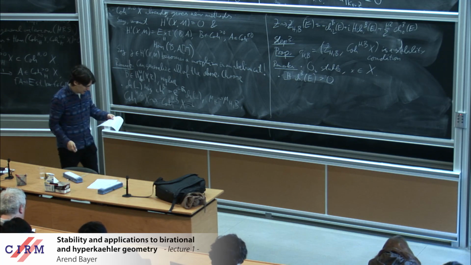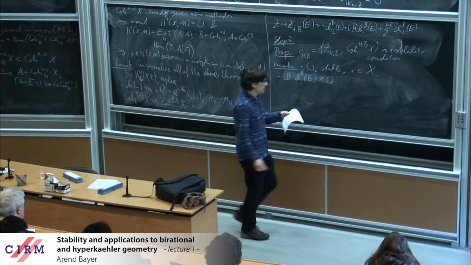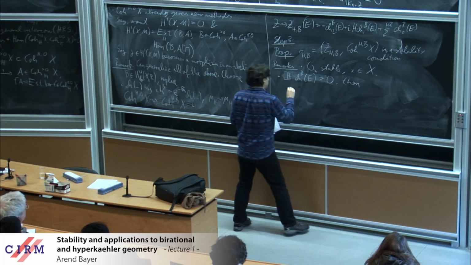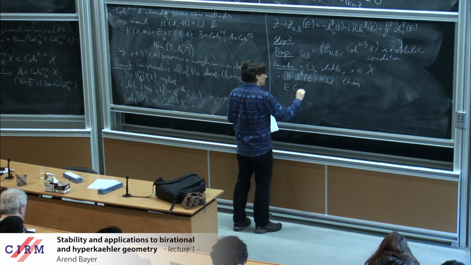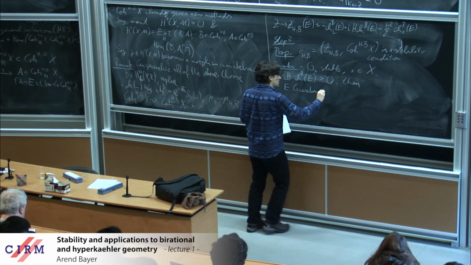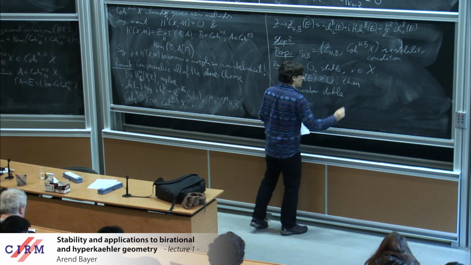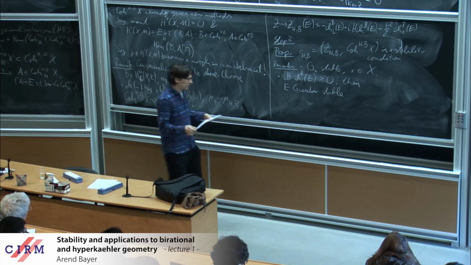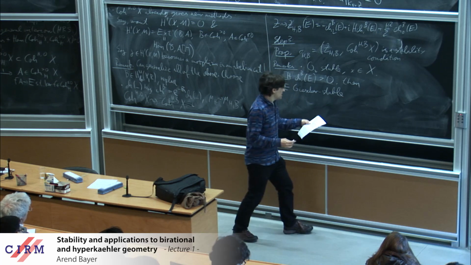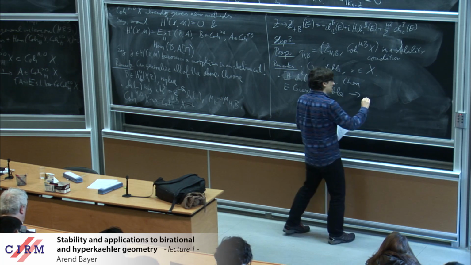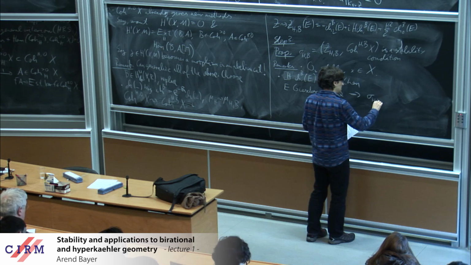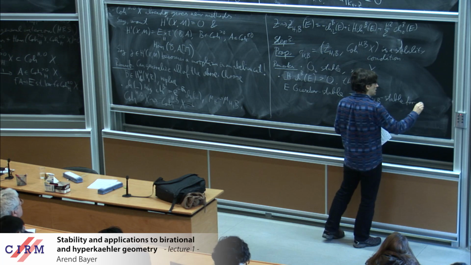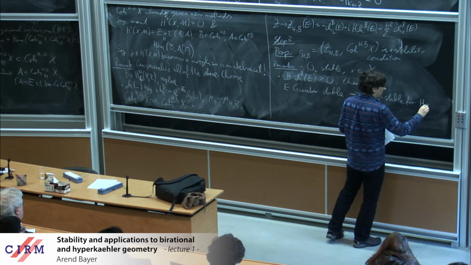So I can always arrange for this by changing B. Then if E is Gieseker stable, which just means slope stable or slope semi-stable plus a small extra condition, then it is σ_{H,B} stable for H sufficiently big.